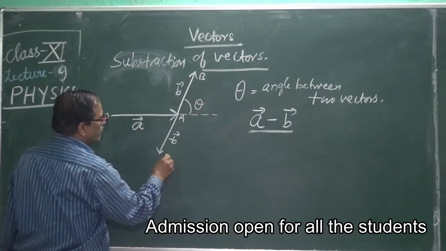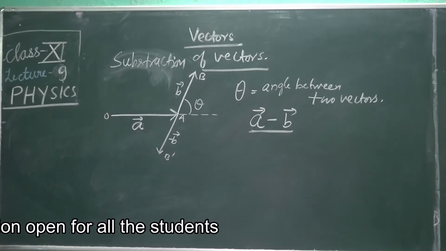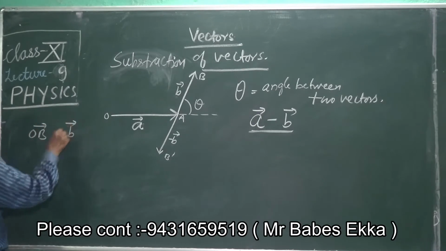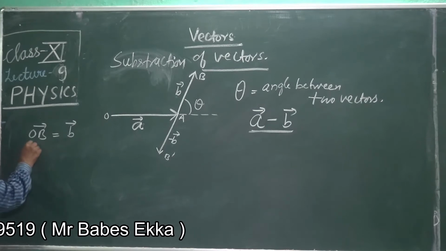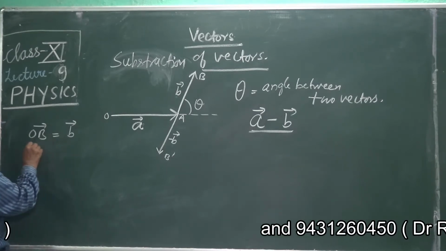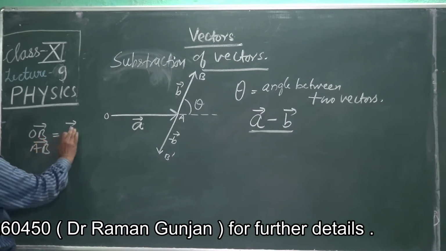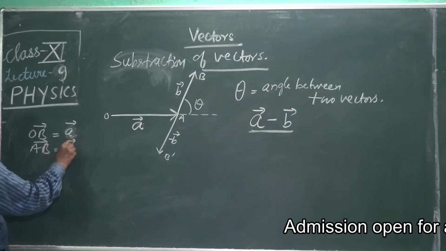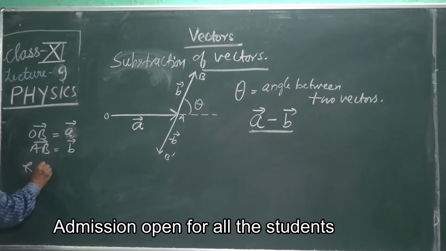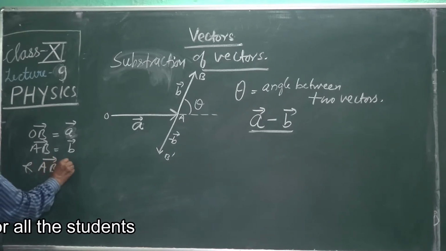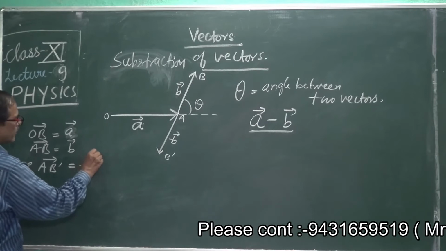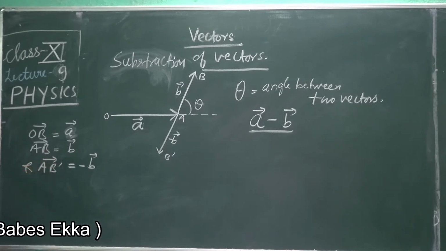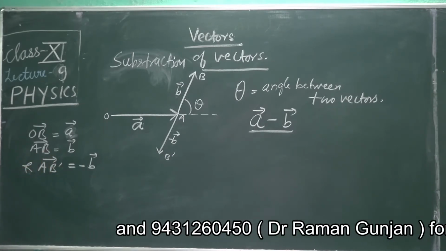Here vector OA is vector A, vector AB is vector B and vector AB dash is minus vector B. Means vector AB dash is the negative vector of vector AB.